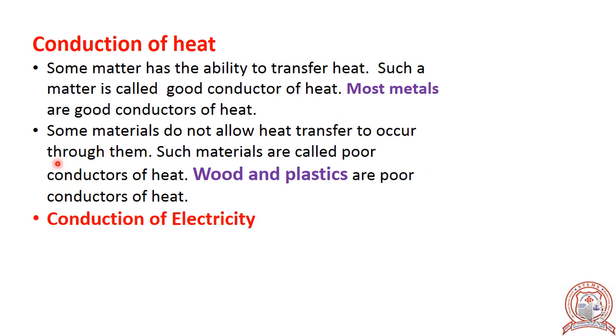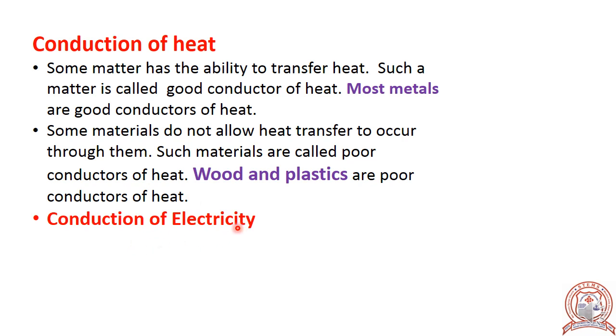Now, second, some materials do not allow heat transfer to occur through them. Such materials are called poor conductors of heat. Wood and plastic are poor conductors of heat. Okay. Now, in the same way, conduction of electricity.